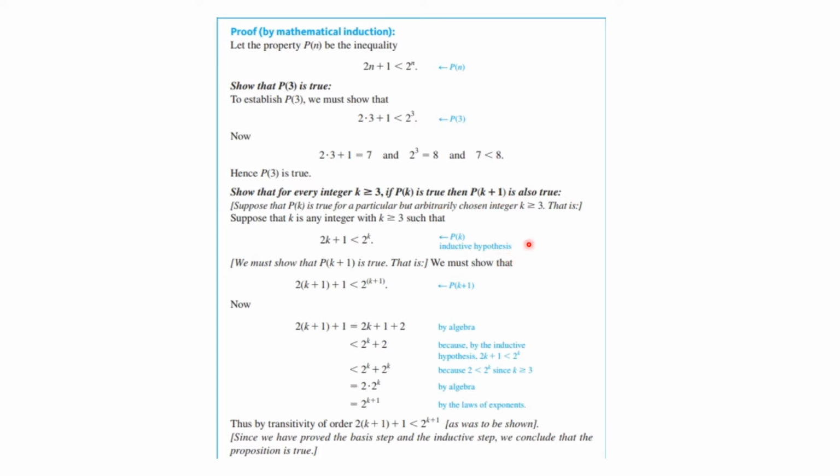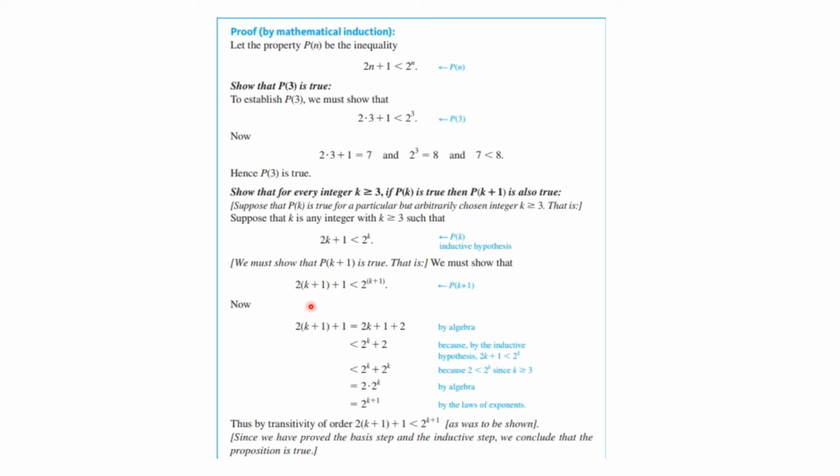So this is your inductive hypothesis. You assume that this is true for k, and you must show that it is true for k plus 1. That is, we must show that 2 times (k plus 1) plus 1 is less than 2 to the k plus 1. And that is the conclusion of what you have to show.